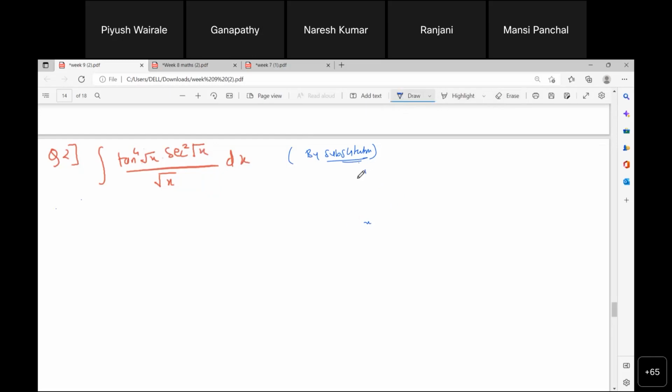If I put tan of root x equals u, the derivative of tan of root x will be sec square root x into the derivative of root x, so sec square root x dx equals du.